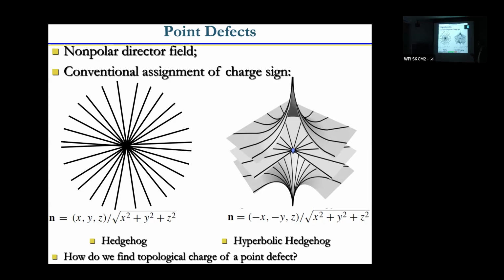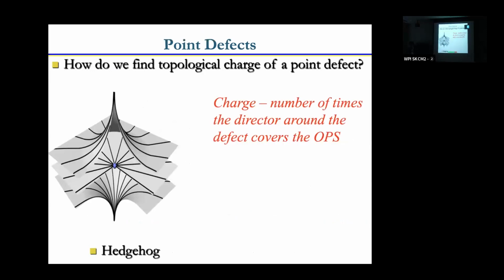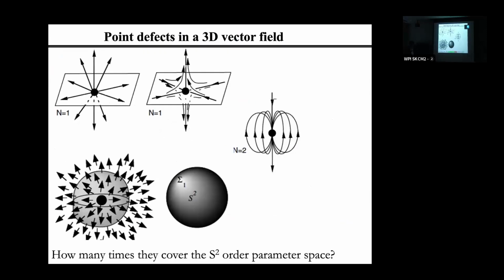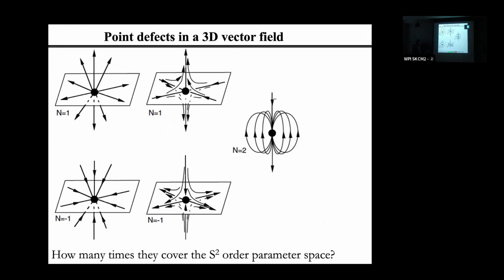However, if you have line fields, then you can realize that the defects that for vector fields would correspond to different signs, like the one in here and the one in here, correspond to integers of opposite signs. So one is the source, another one is the sink of the field, right? And they would cancel each other if you put them in some far-field uniform background. They can annihilate and disappear because of having opposite signs.